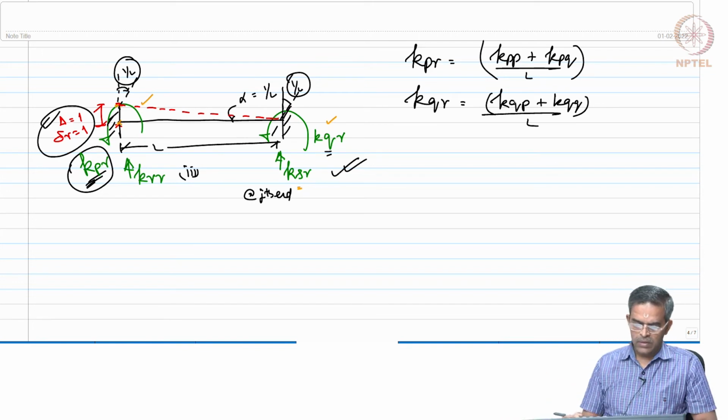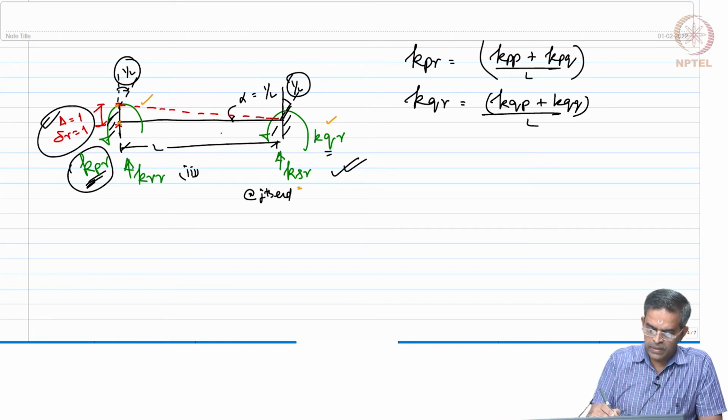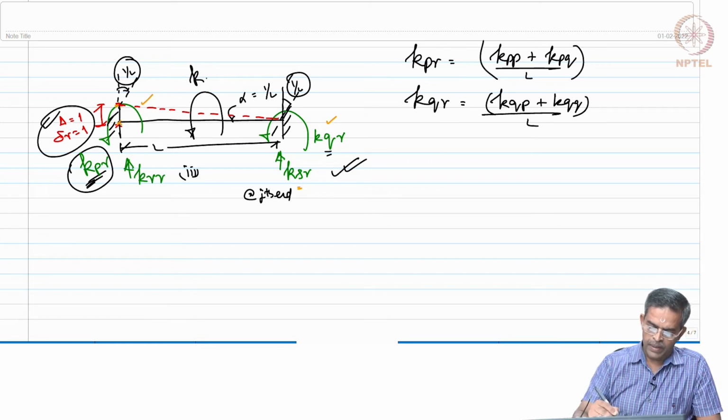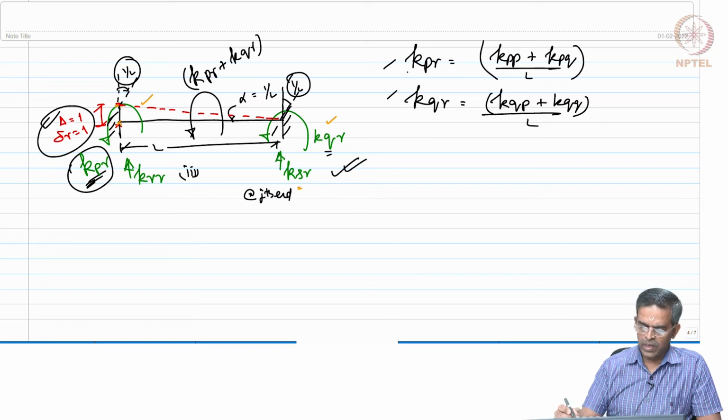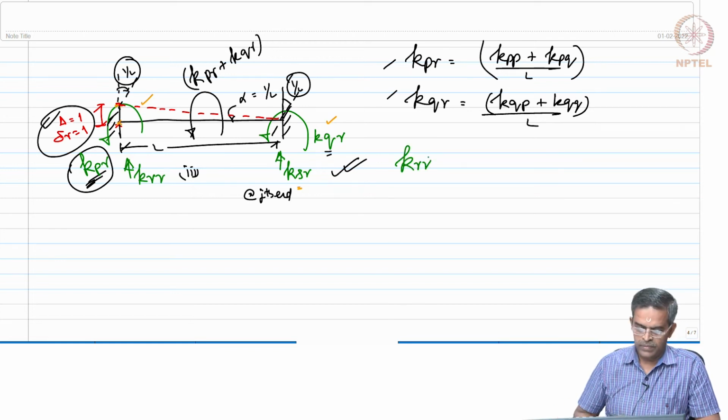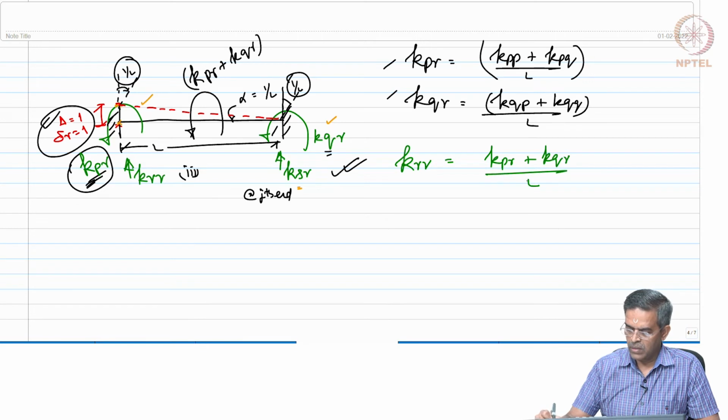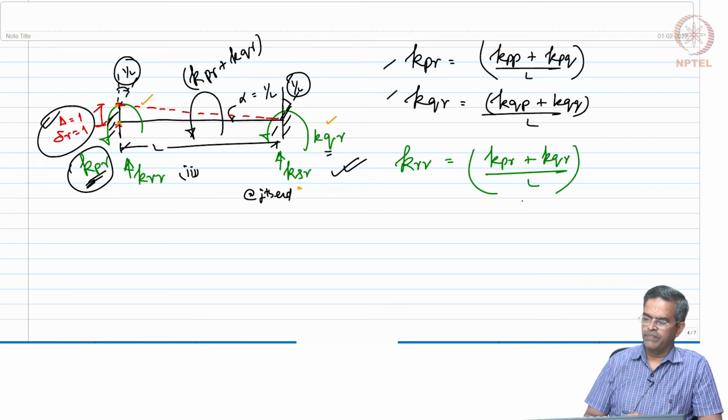Okay. So, now I can write the net moment here is KPR plus KQR, which is here. So, now I can say KRR is actually KPR plus KQR by L, because that is a couple.